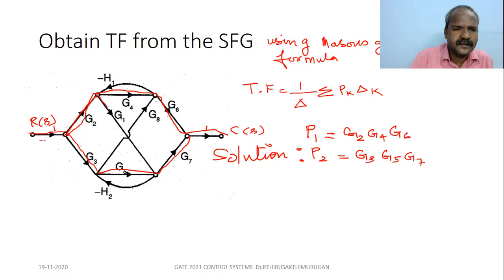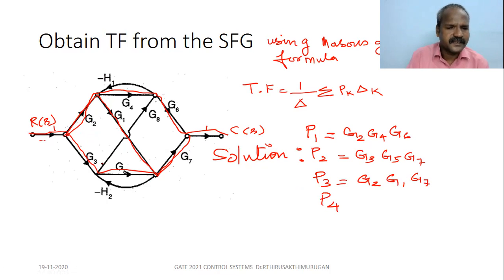So P3 is G2, G1, G7. What is P4? Similarly, you can have this side: G3, G8, G6. So it starts here and ends here.